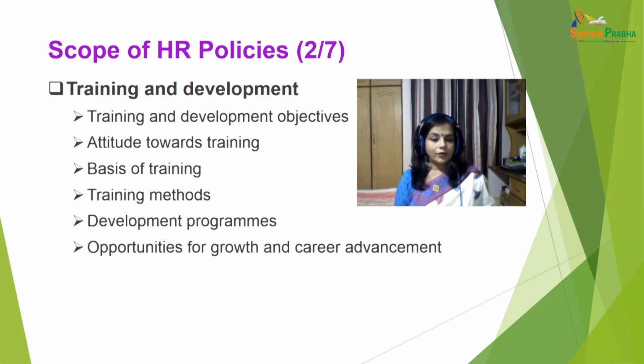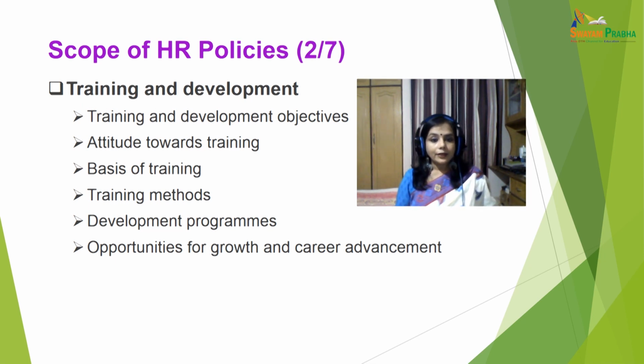One is training objectives. Why should training and development be undertaken in the organization? It should not be just for the heck of it, that every year we conduct a training and development program, say in the month of February, or we have to finish off the project, and that's why we are having a training or development program. The specific purpose of the training and development program should be clearly mentioned, and only for that purpose should you have one.